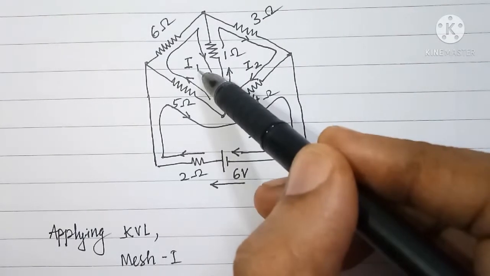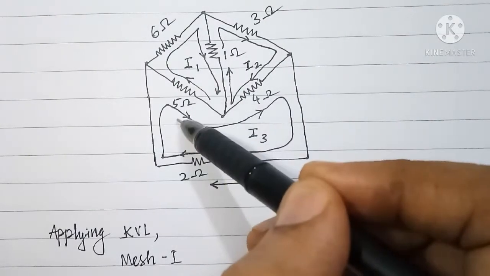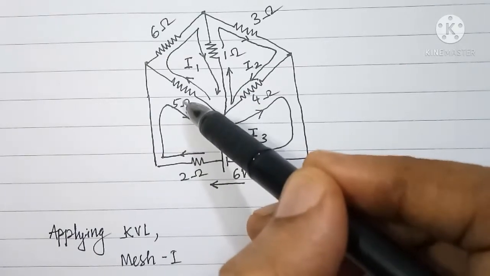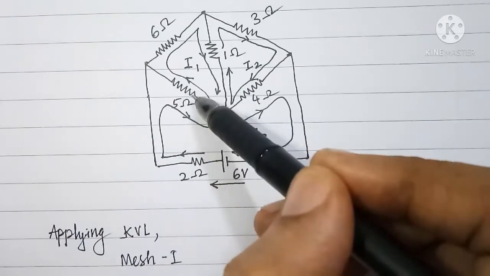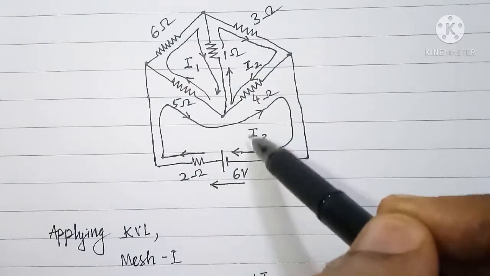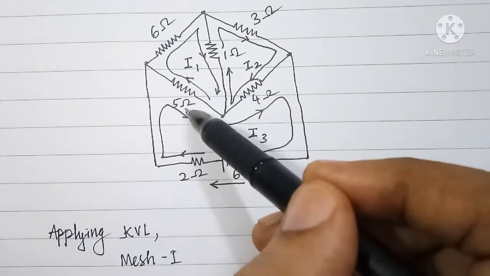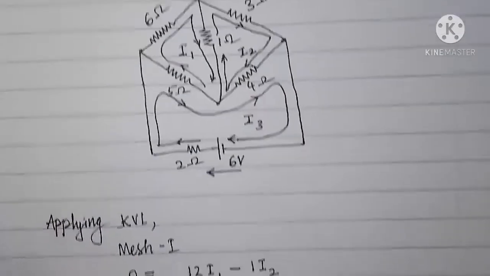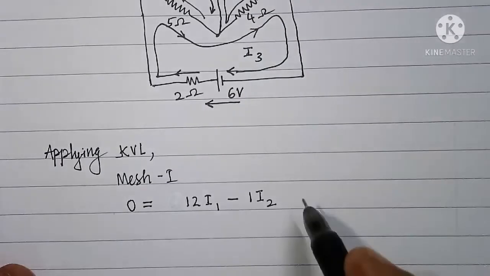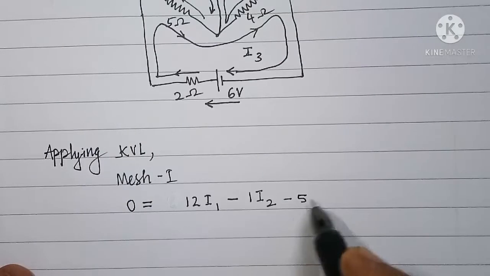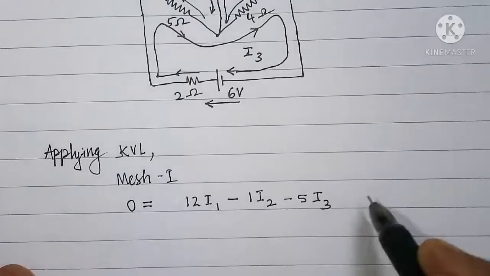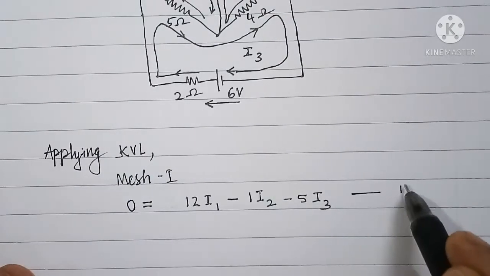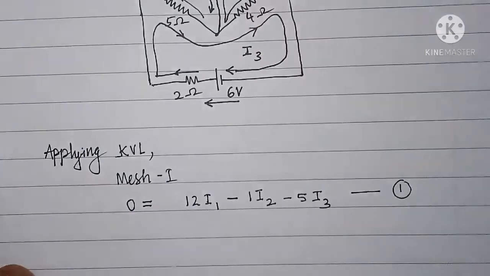The common resistor between mesh 1 and mesh 3 is 5 ohm. So the drop in 5 ohm due to I3, we have to write as minus 5I3. It is very simple to write equations if you follow this method.